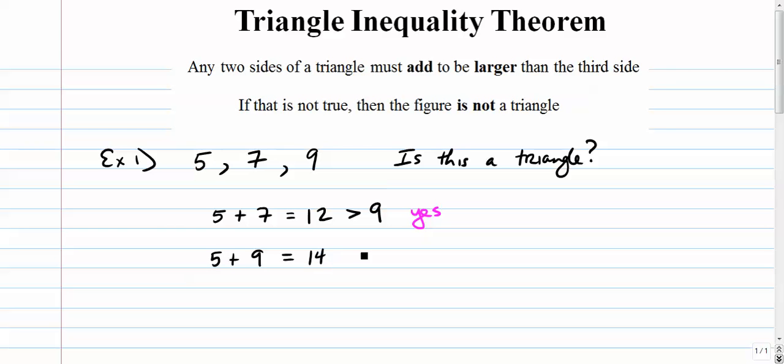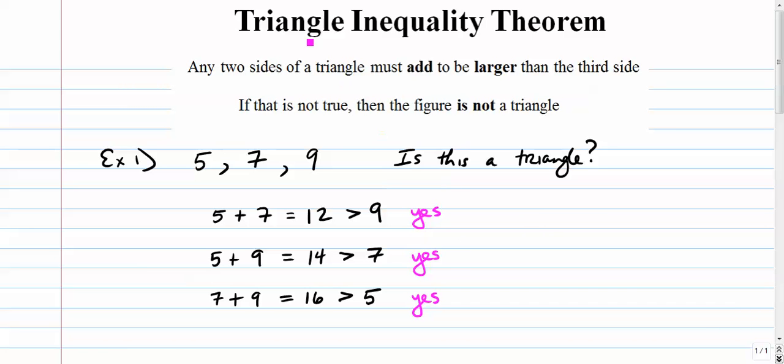That's 14. 14 has to be bigger than the third side, which in this case is 7, and that works. Your third test is the last combination of sides: 7 plus 9, that's 16. That has to be bigger than the other side, which it is.